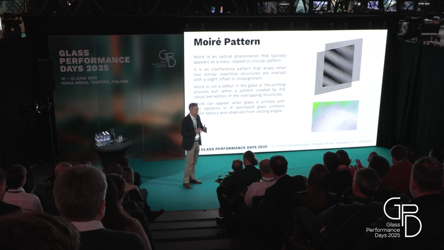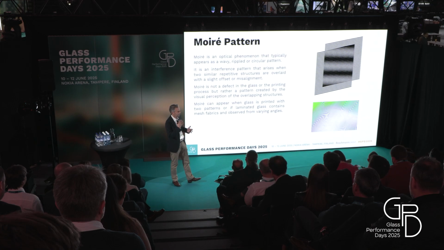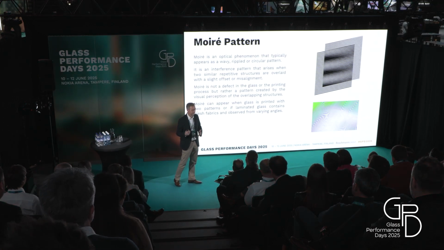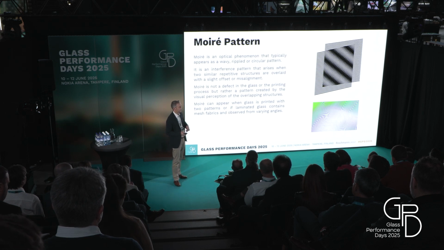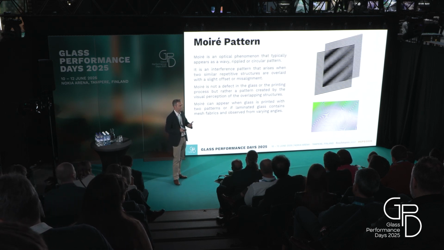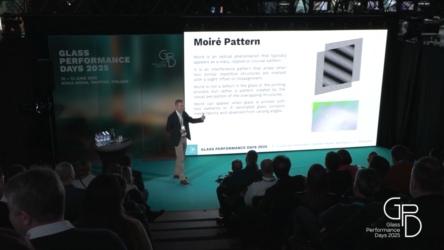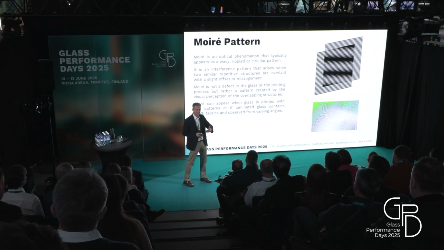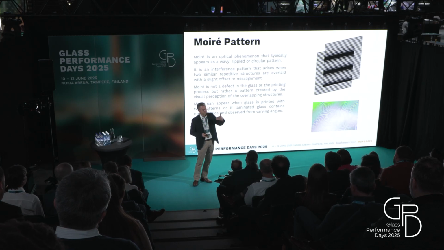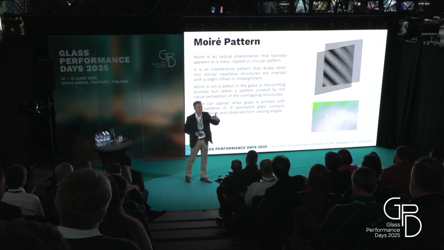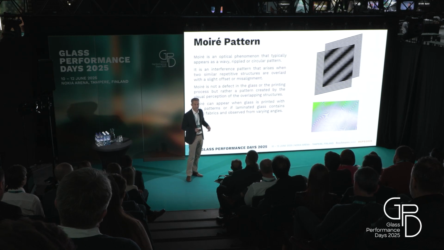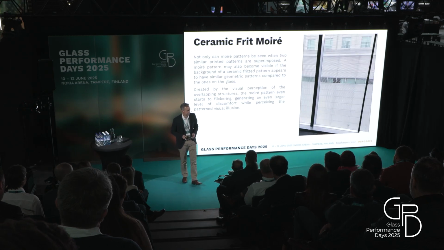And again, it's more like an optical effect rather than a kind of defect in the glass. And it also could happen if you are approaching a glass which only has a single coat of a print, for example, but also having a kind of background picture which has a very similar line or dot pattern, like this one.